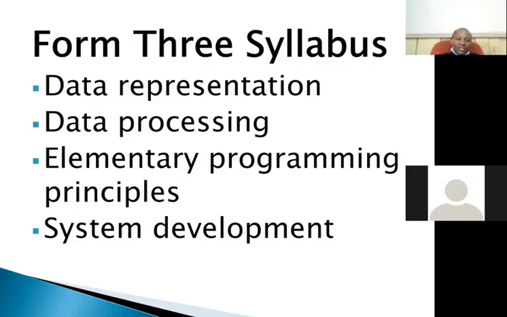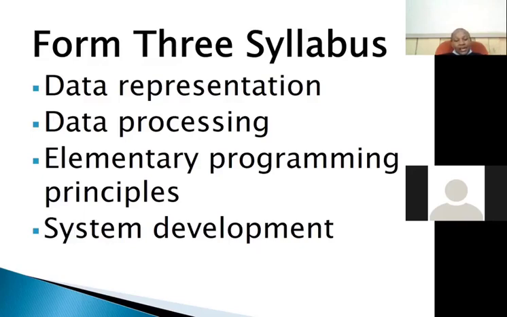Then we have another topic, elementary programming principles. This is a topic that is majorly tested in question 16, whereby some questions can be in the form of theory, and others can be in the form of the algorithms, that is the pseudocodes and the flowcharts.